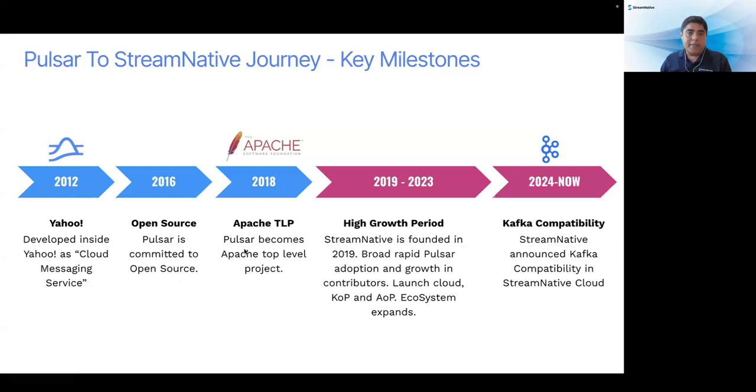In 2018, it went through various stages of the lifecycle of any Apache Software Foundation project and became a top level project. And then in 2019, the company StreamNative was formed.